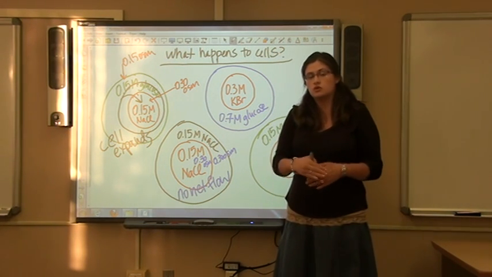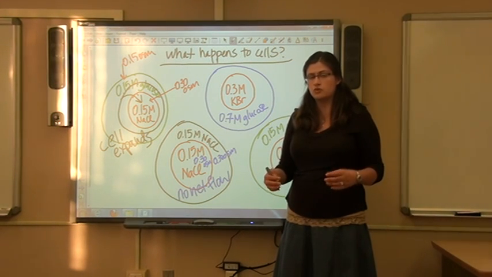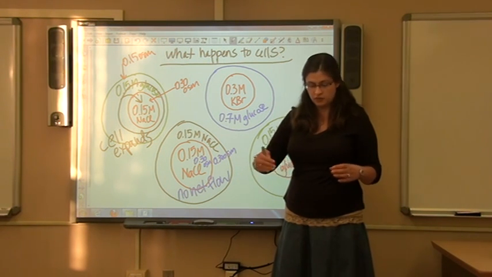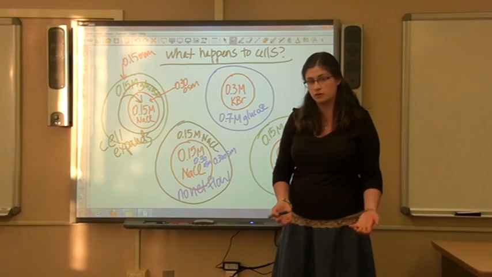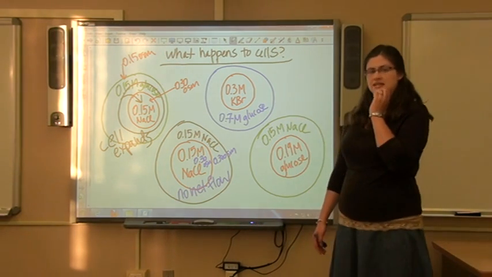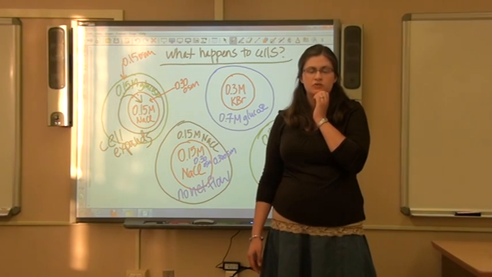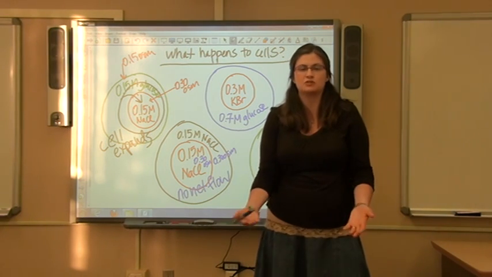Water is going to flow across that membrane because it's allowed to. But it's going to flow across in exactly the same proportion. It's going to flow in the same amount that it's going to flow out. So it'll be exactly equal. So you'll see no net flow. It would be like if you got paid $10 and then you spent that $10, you would have no net income because you spent it, but both transactions would appear on your bank balance.